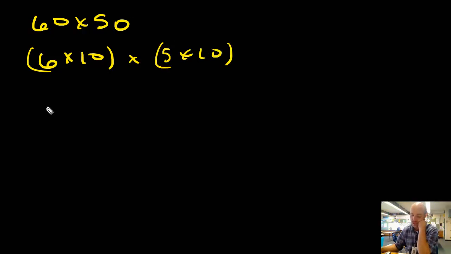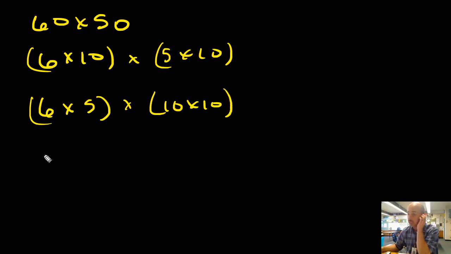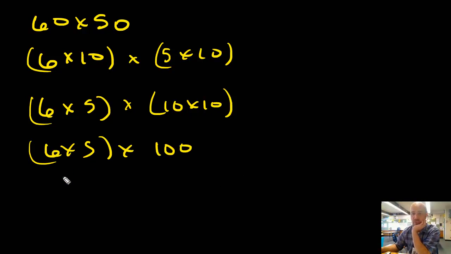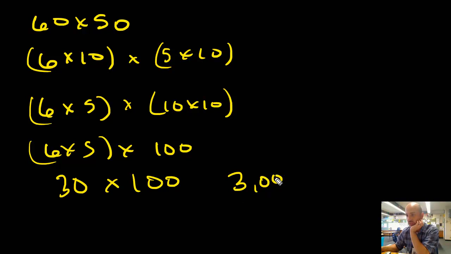I could also rearrange the factors, group them differently, and say it's really 6 times 5, and I have my 10 times 10, and I can write that as 6 times 5 times, well, 10 times 10 is 100, in order to find my product. 6 times 5 is 30, and 30 times 100 is 3,000.